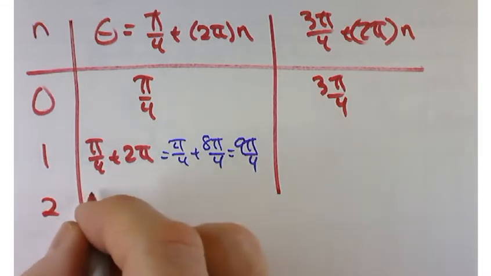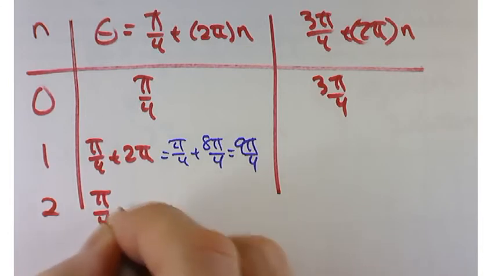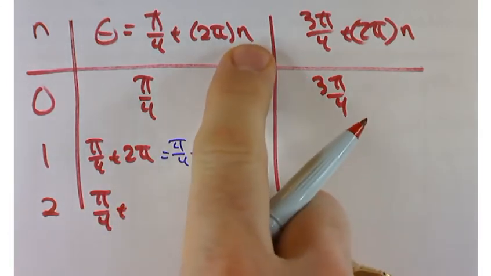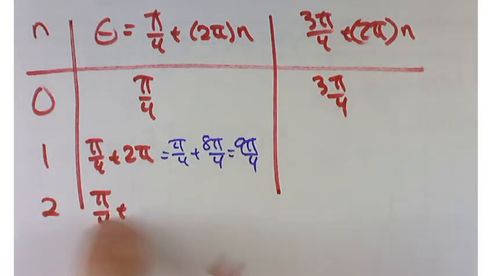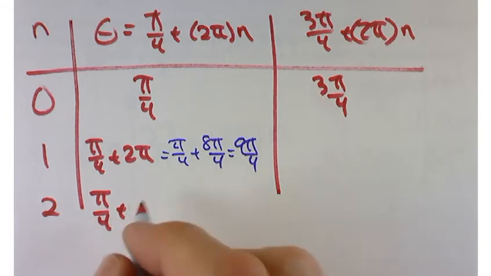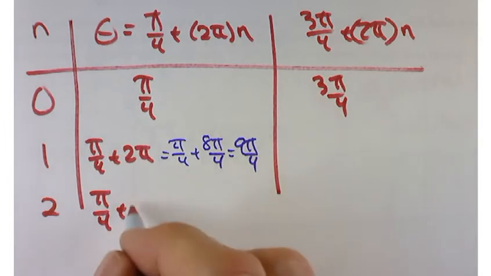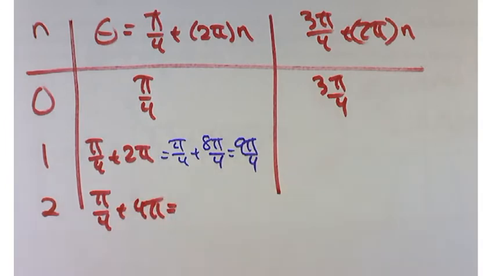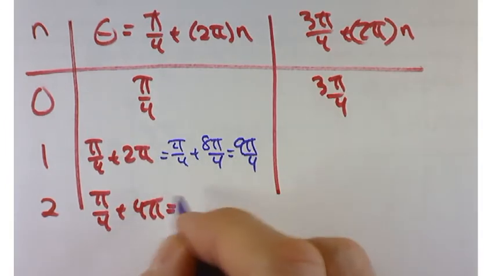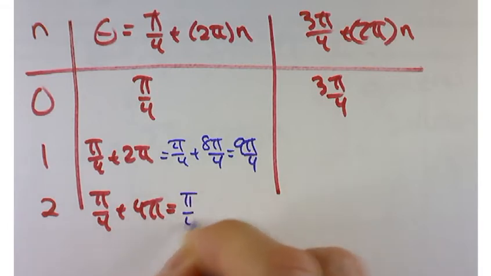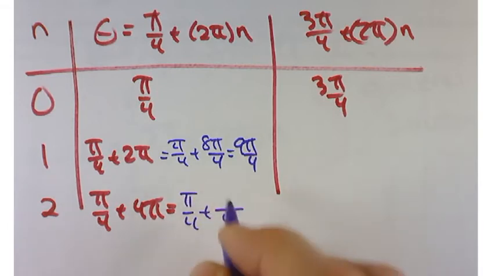And if I put in a 2 here, it's going to be pi over 4 plus what? 2 times this is 4 pi. Good. This time it's going to be pi over 4 plus what over 4?